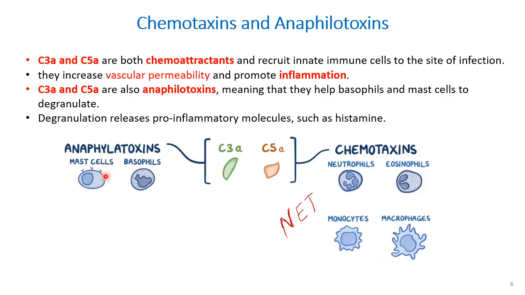They are going to activate those granulocytes to do degranulation. They bind to receptors on those cells and allow granules full of toxic stuff to be dumped at the site of inflammation. They are pro-inflammatory, and they are both doing this job. C5a is even more potent than C3a, but they have this redundant type of function.